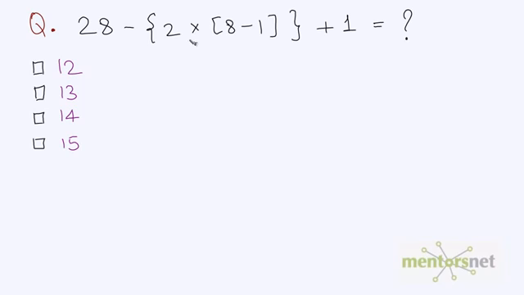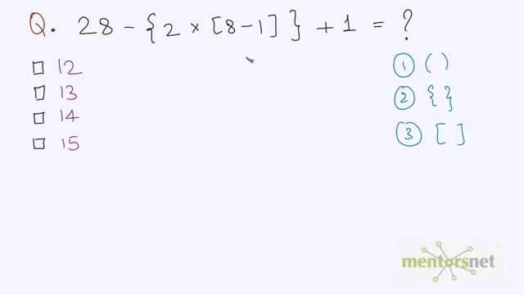Before you solve this question, I want to tell you that brackets also have priority. First priority goes to the round brackets or parentheses. Second priority goes to the braces or curly braces. And the third priority goes to square brackets or simply brackets. Now solve this question and find out the answer.